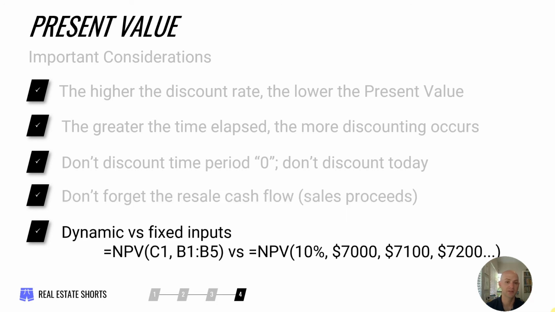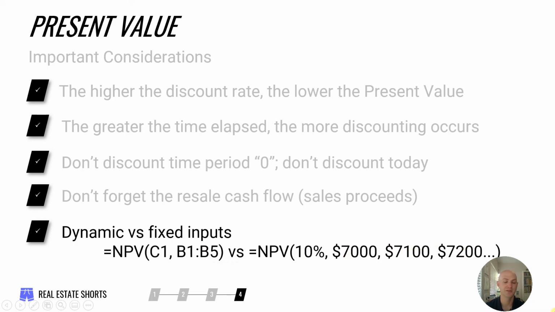And then finally is to use dynamic inputs versus fixed inputs in your Excel formulas. If you'll recall, when I used the NPV function, I selected the cell that had my assumption, or I selected the cell that had my cash flows. I did not directly input 10% and then each individual cash flow.